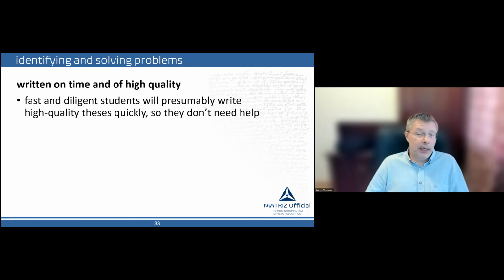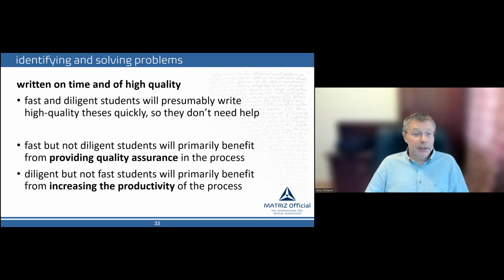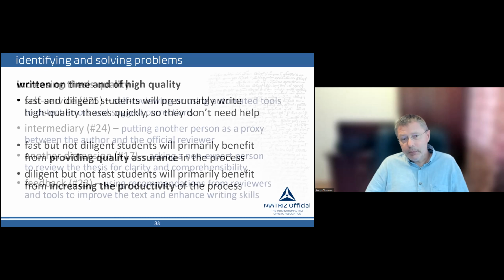The first conclusion is that fast and diligent students may be able to deliver good theses on time without any help. Good for them. The second conclusion is that other students may need help and would benefit from support with quality assurance or productivity or perhaps management, depending on their strengths and weaknesses.